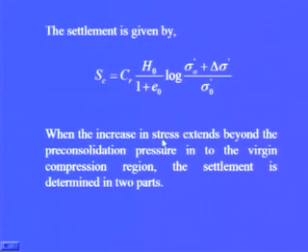Now, when the increase in stress extends beyond the pre-consolidation pressure into the virgin compression region, the settlement is determined in two parts. Let us consider another case. This is sigma c dash, the pre-consolidation pressure, and sigma 0 dash is less than sigma c dash.